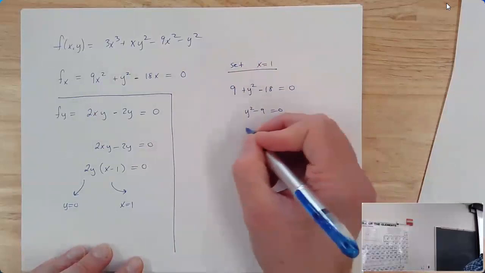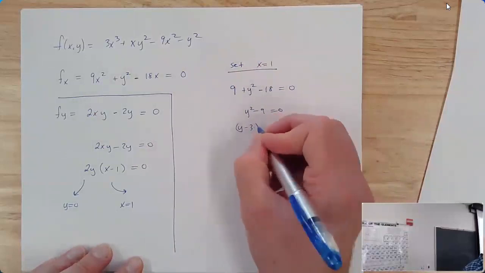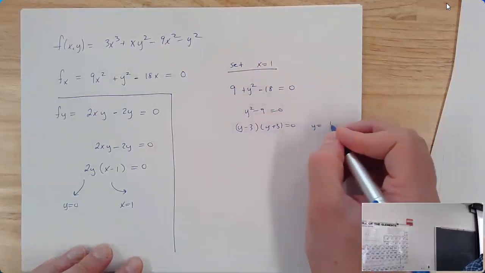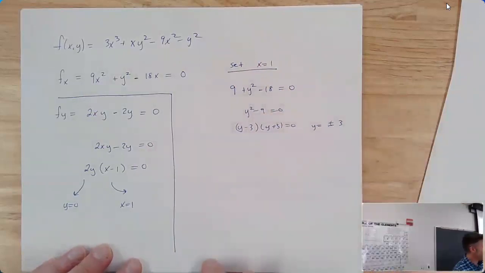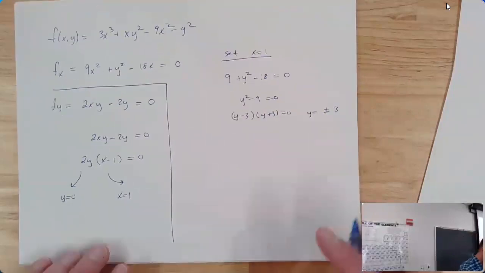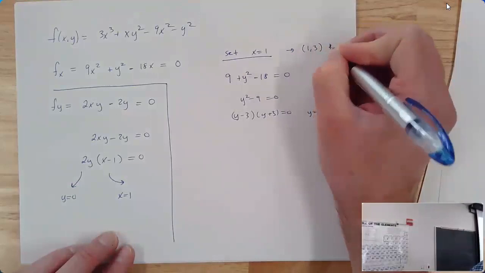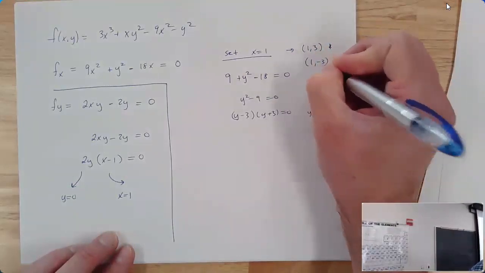So y minus 3 times y plus 3. Or I guess you could bring the 9 over to the other side. That's probably what you should do. So we get y equal to plus or minus 3. So we just found two critical points: (1, 3) and (1, -3).